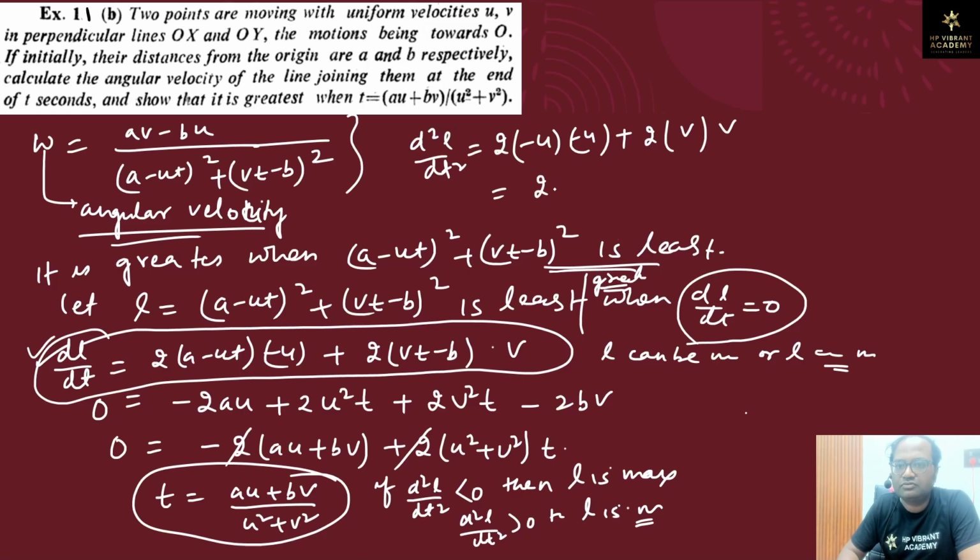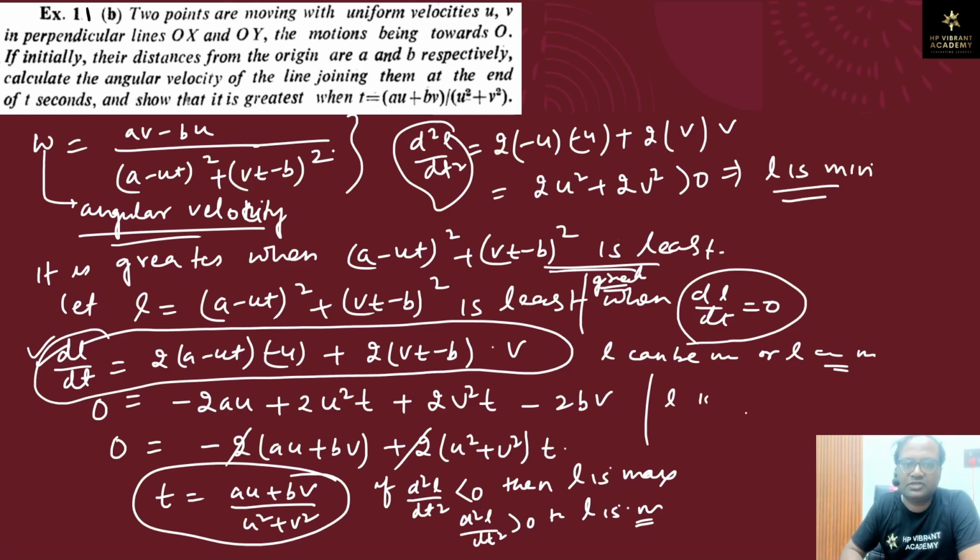So this is equal to 2U square plus 2V square, which is greater than 0. This means L is minimum, so this value is minimum. This means omega is greatest.